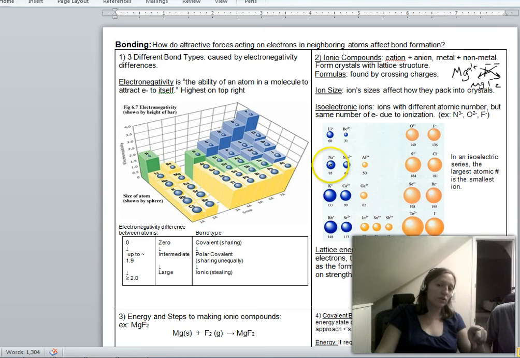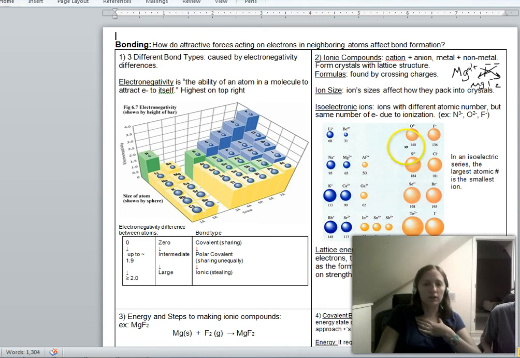But so do sodium, magnesium and aluminum, 1 plus, 2 plus, and 3 plus. So this little series is an isoelectronic series. Those 5 have all got the same electrons. And what you see is that it's big, small, small, small, small. The biggest one is the one with the fewest protons for that same number of electrons because it doesn't pull in as hard, the attraction between the positives and the negatives.